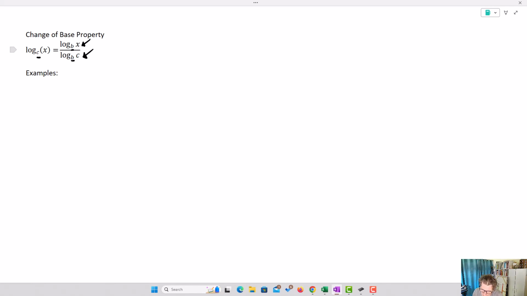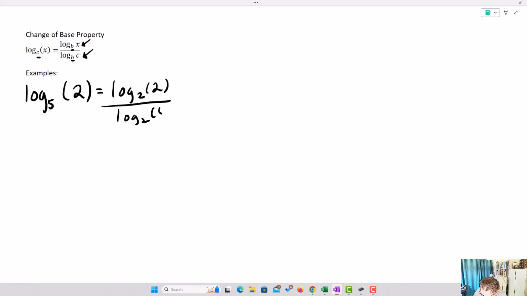So let's say, for example, I have log base 5 of 2. Okay? And I want to change it to log base 2 because this actually might make things a little bit easier to see, or I might be able to simplify. So this is now log base 2 of 2, and then we'll divide it by log base 2 of 5.